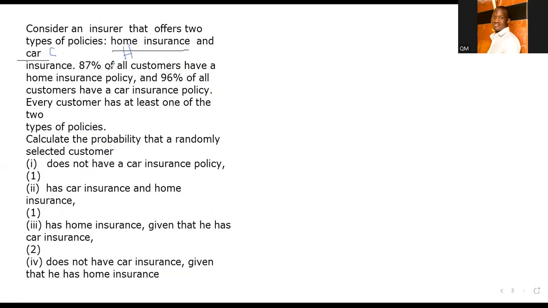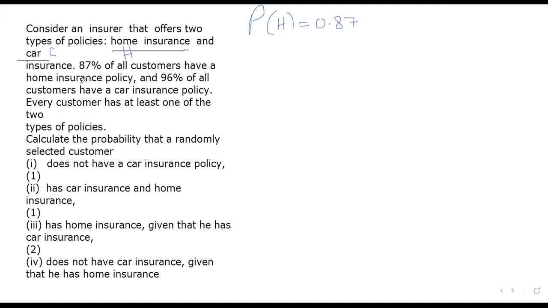So 87% of all customers have a home insurance. So what's the probability of H? It's 87%, so 0.87. The car insurance, we're told that 96% of all customers have car insurance.